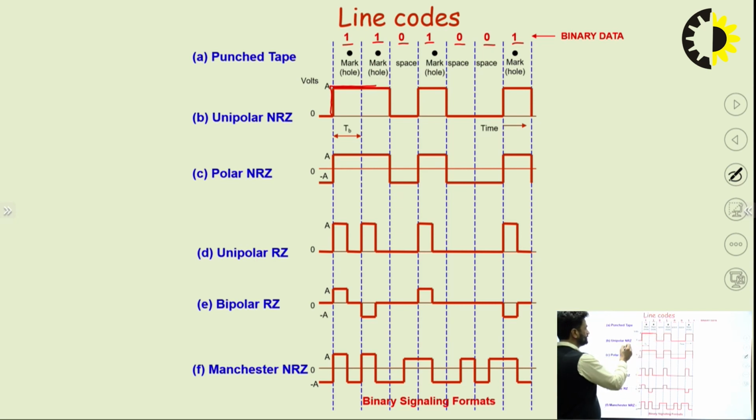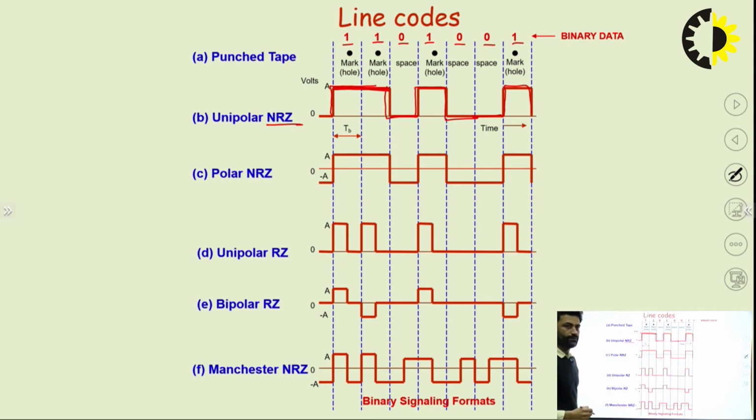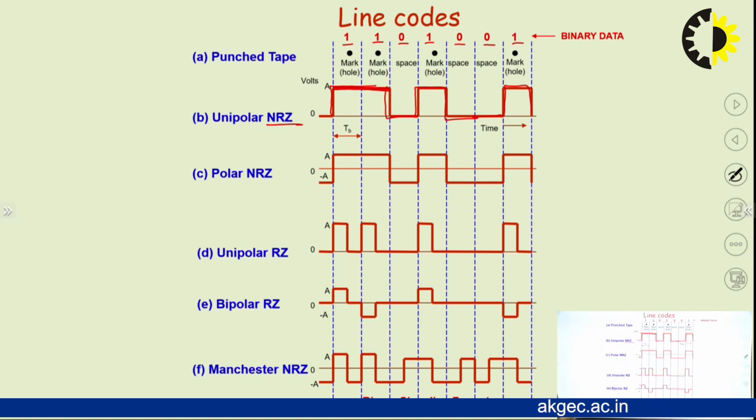This is NRZ for the complete bit duration. For the 0, it is presented as 0. So 1 plus, 0, 0 and again 1. This is the example of unipolar NRZ.